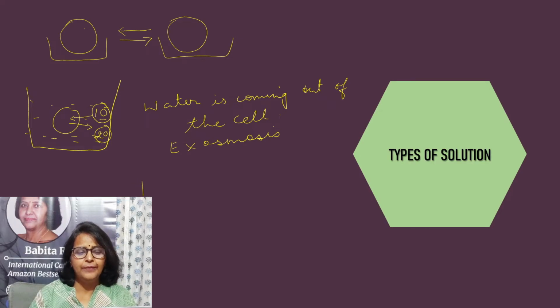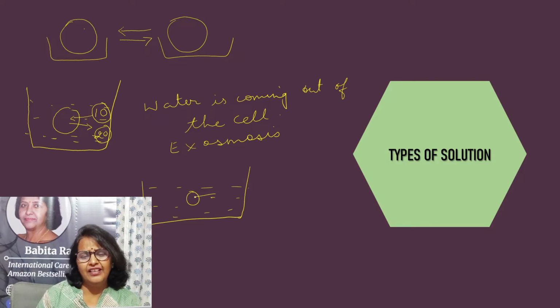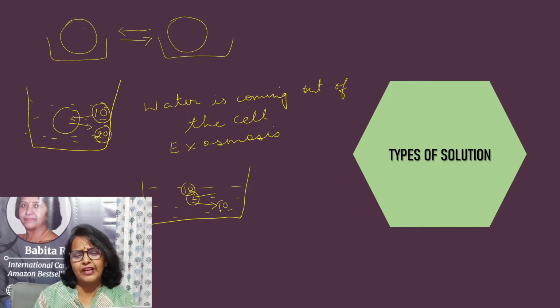Now similarly, if we have another beaker where we have a cell, this is also filled with a solution, and here also water is going in, water is coming out. So suppose 10 molecules of water have gone inside and 10 molecules of water have come outside. So what is happening over here?